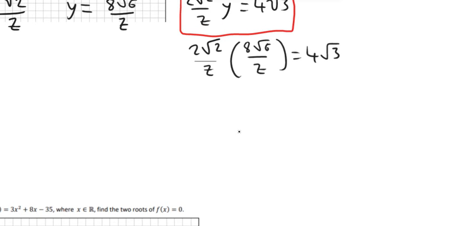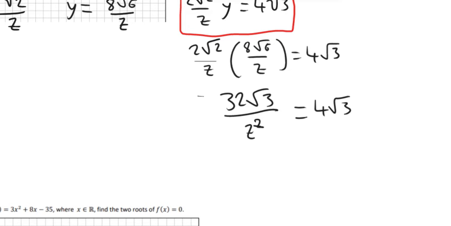So if I multiply the numbers on top, you can do it on the calculator. 2 root 2 times 8 root 6, I'm getting 32 root 3, over z squared, is equal to 4 root 3.